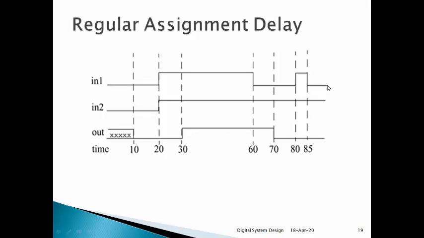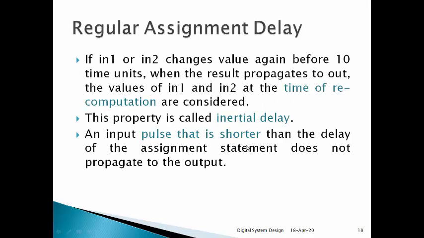Because at 90 the recomputation of the inputs, both are 0, this small input change is not propagated to the output due to the concept that an input pulse shorter than the delay of the assignment statement does not propagate to the output.